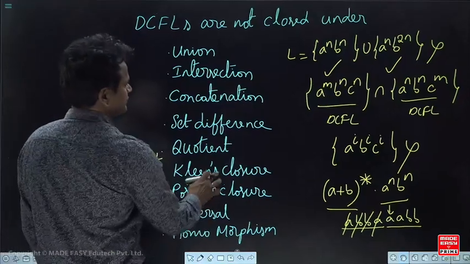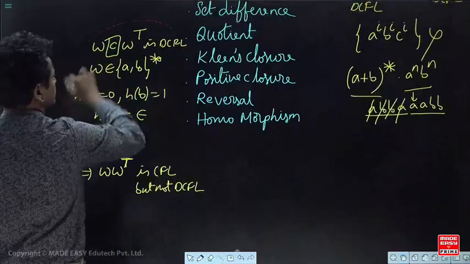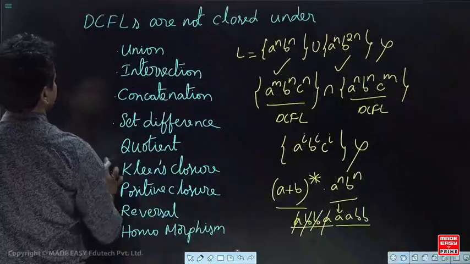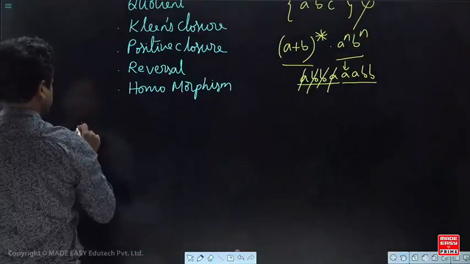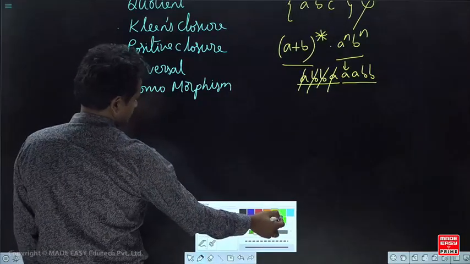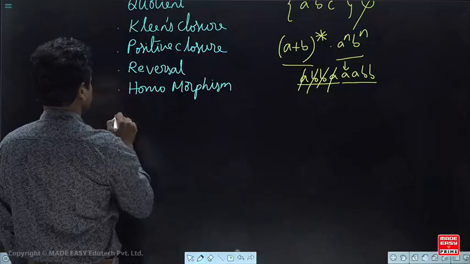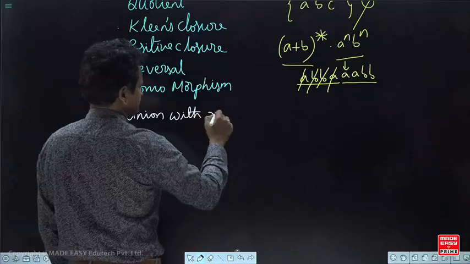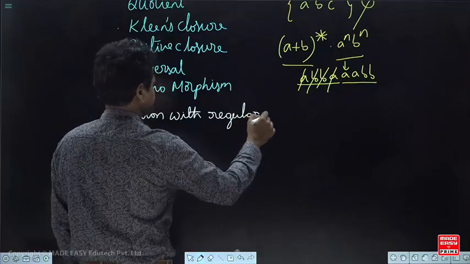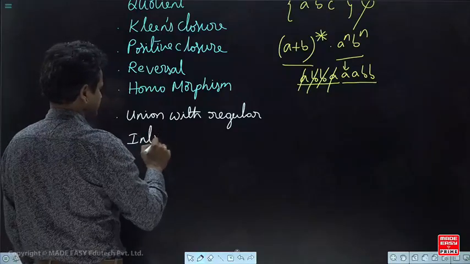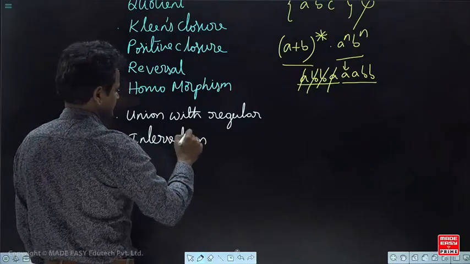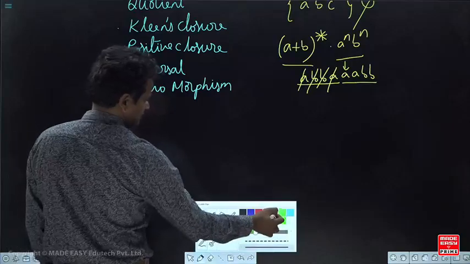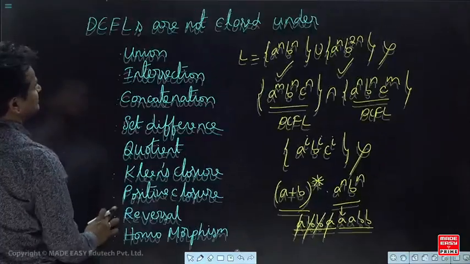Okay, chalo. Now we'll go for the next one. DCFLs are closed under union with regular, intersection with regular. One second, guys, I have not taken the heading.